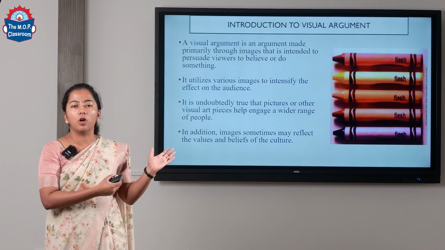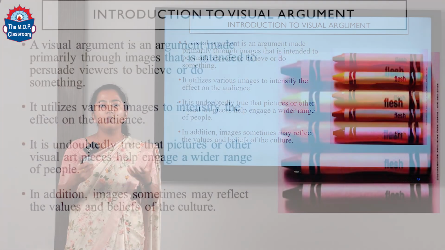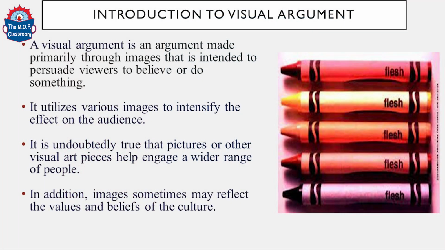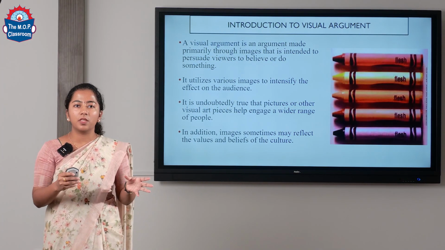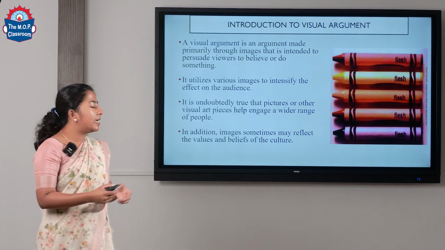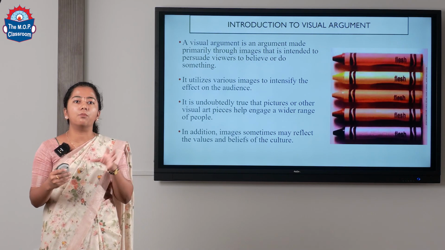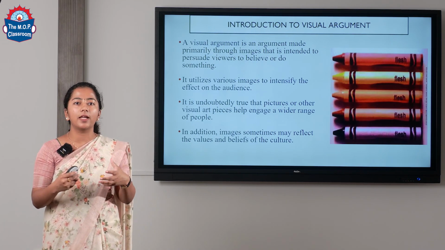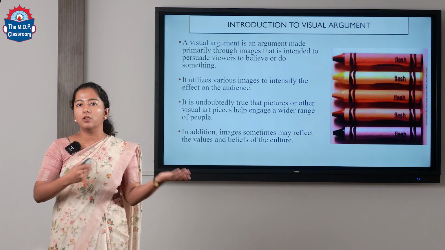Okay, so now a short introduction to visual argument. A visual argument is, of course, an argument that is made primarily using images, intended to make the viewers or the audience believe something or do something, right? A visual argument will use multiple images to intensify or emphasize the message to the audience.